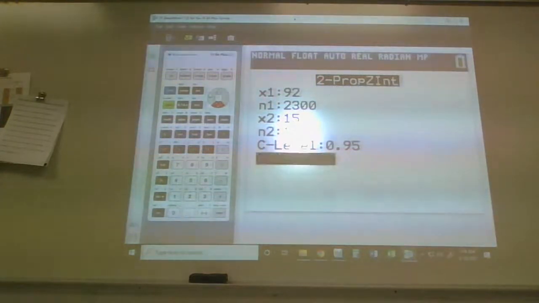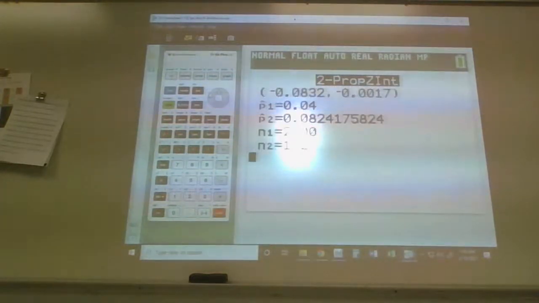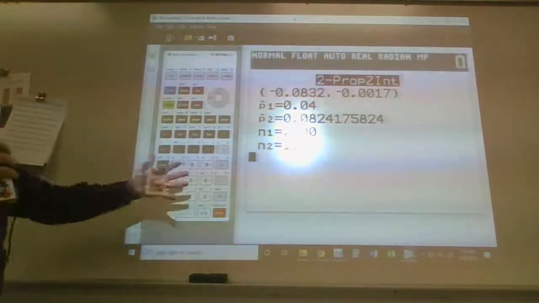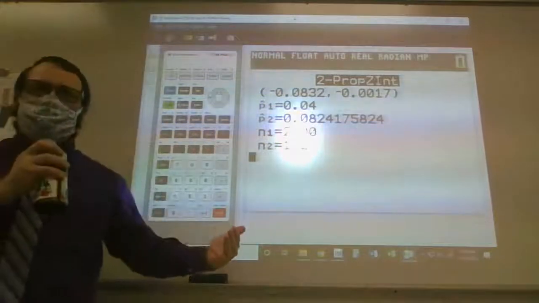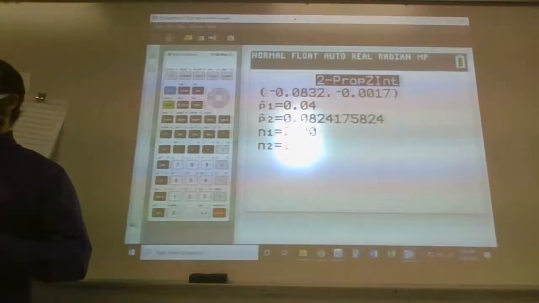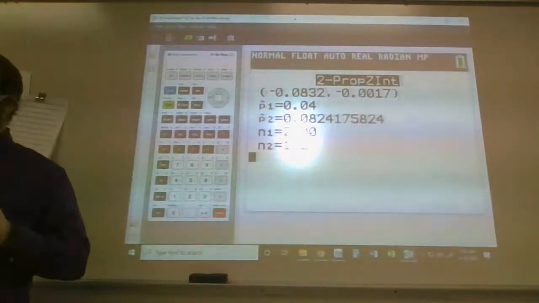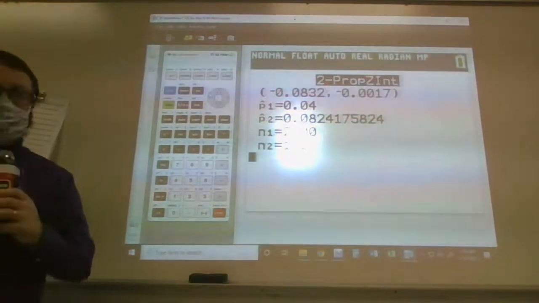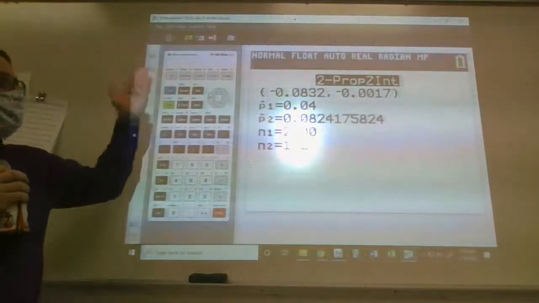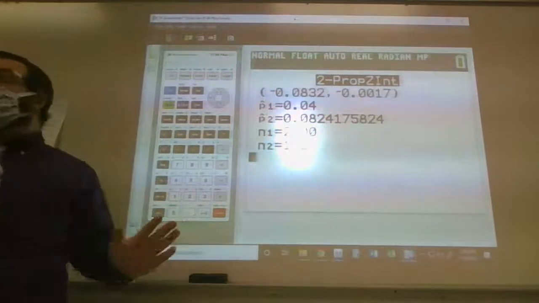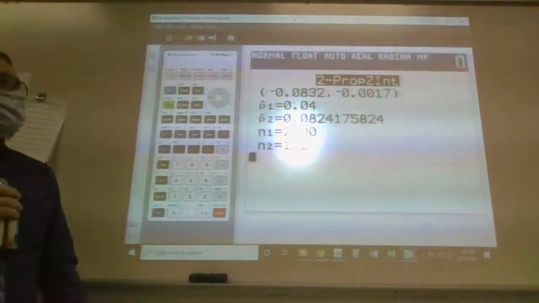I switched the numbers up. It's the same interval. It's just mirrored on the other side of 0. It's the same exact interval. Same conclusion. It doesn't contain the number 0. Thus, this is evidence against there being no difference. Love this stuff.